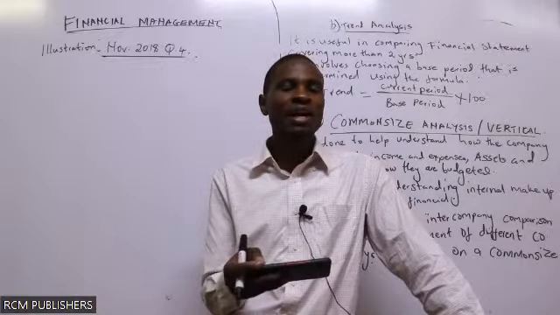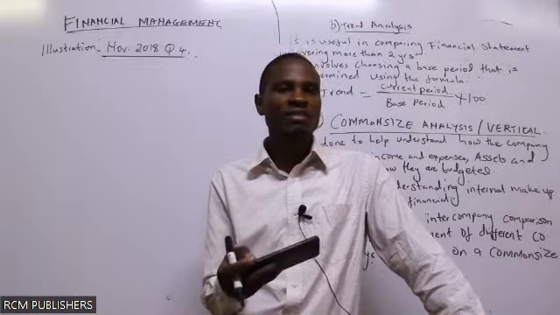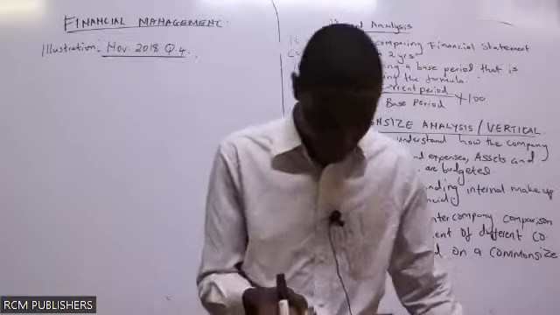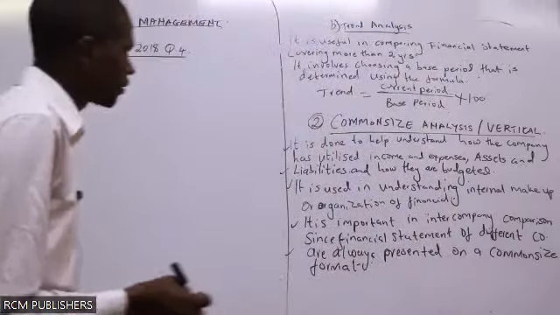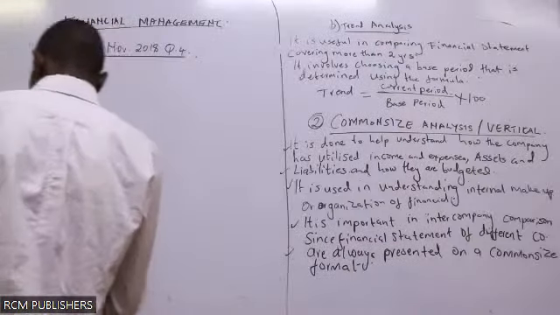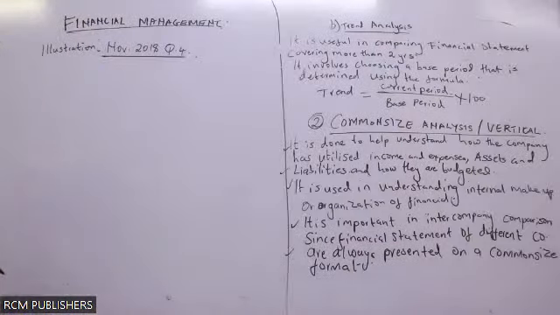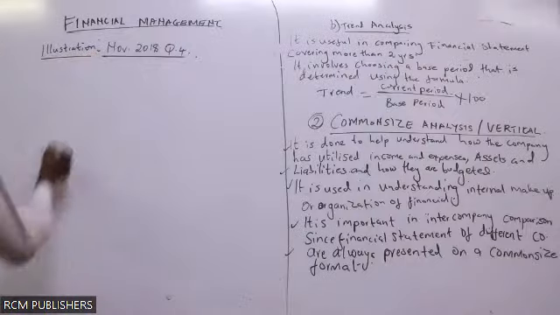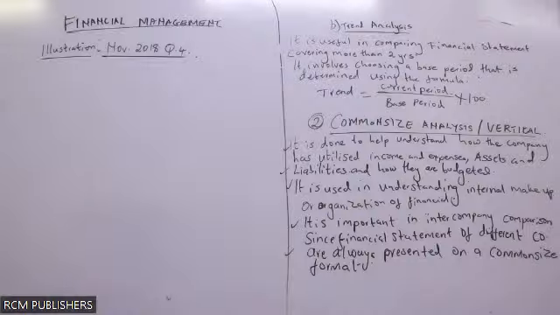Remember, we are looking at the percentages. We are trying to analyze this. When tackling a question in financial reporting, once you find such a question, you just have to copy the way it is, for the examiner. So part A: a vertical common size statement of income for the year ended 30th September 2018.